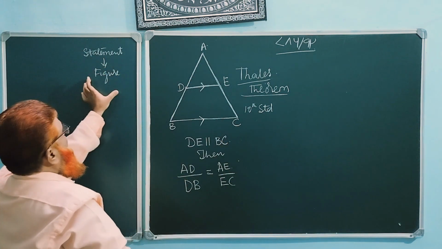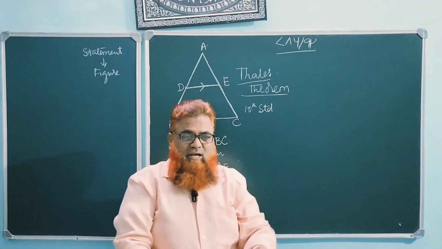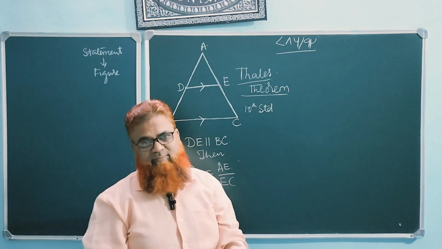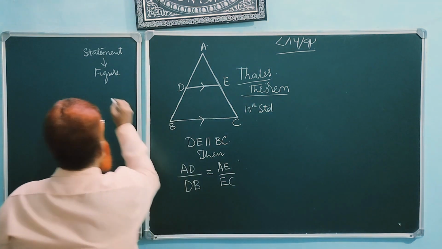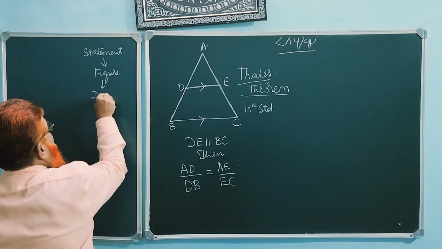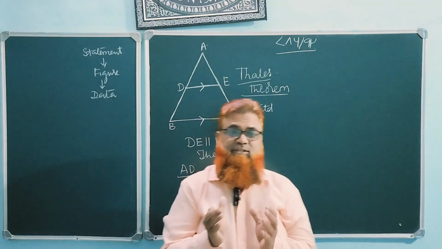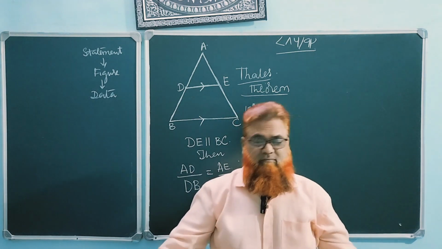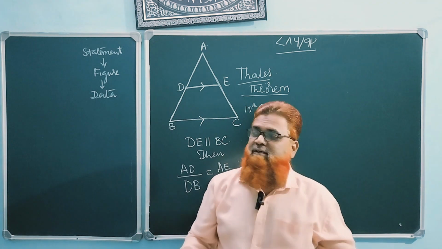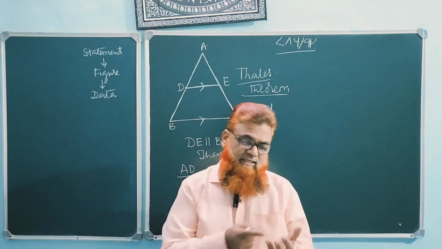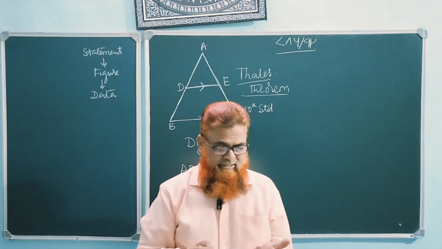This is the statement which the figure indicates, which the figure interprets, and vice versa. The third thing is its data. The basic information about the theorem is called its data.